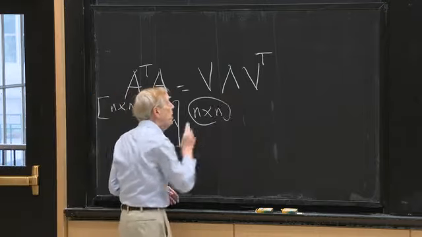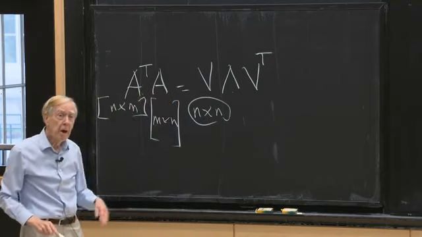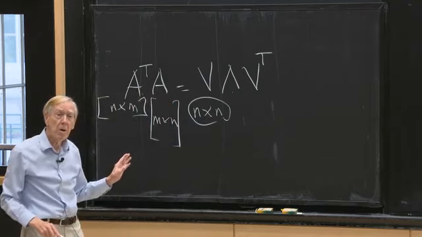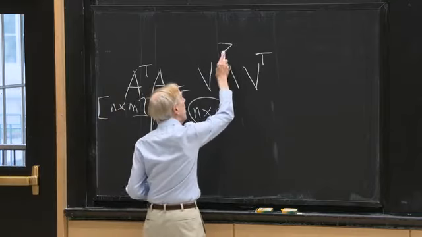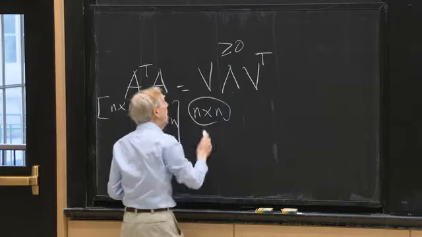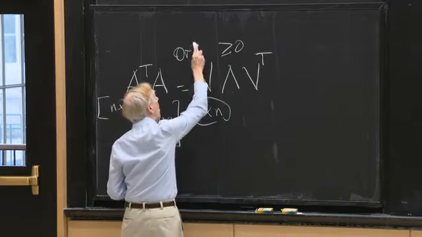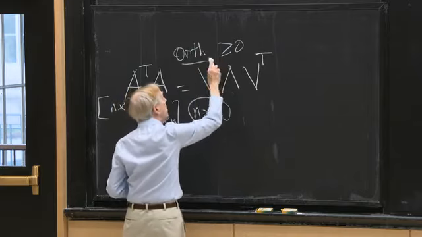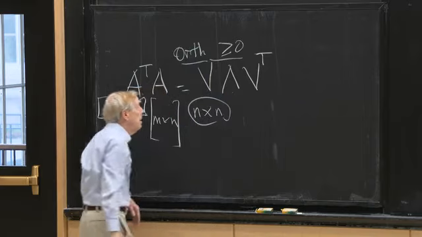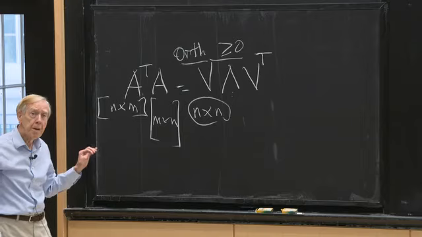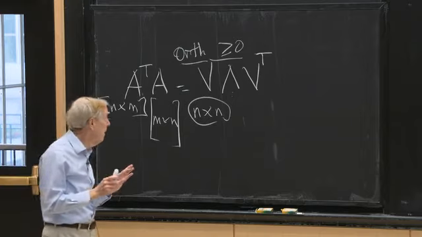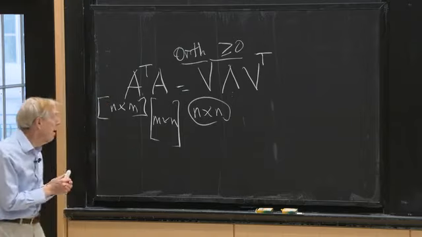And what do we know about the eigenvalues of A transpose A? They are all greater or equal to 0. And the eigenvectors are orthogonal. Okay, so that's good. We'll depend a lot on that.